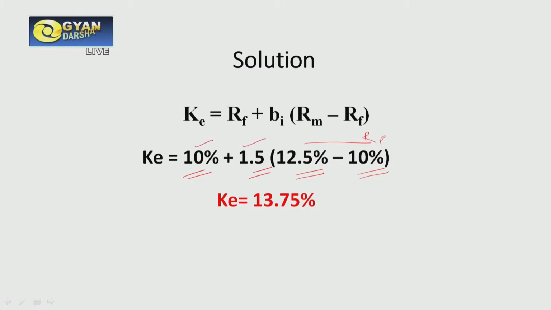We just need to add 10% to this and we will get KE, which is equal to 13.75%. So where we need to calculate cost of equity using the CAPM model, and the market return, risk-free rate of return and systematic risk factor are given to us, our cost of equity is 13.75%. So this is how we can calculate our cost of equity individually.